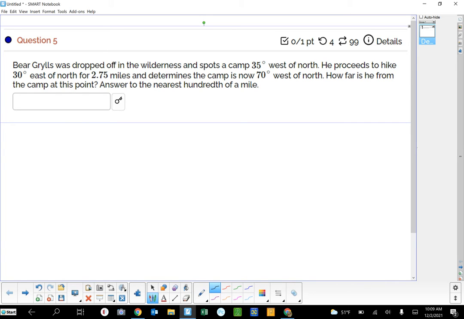So all right, Bear Grylls was dropped off in the wilderness. First, pick a spot for him to be dropped off. Here's where he's going to be dropped off. And he spots a camp 35 degrees west of north. So we're going to go straight north. Pretend that's a straight line. That's north. And he spots some camp.